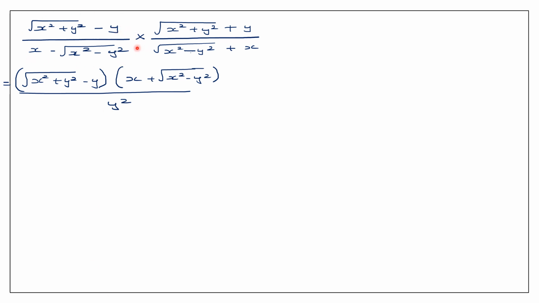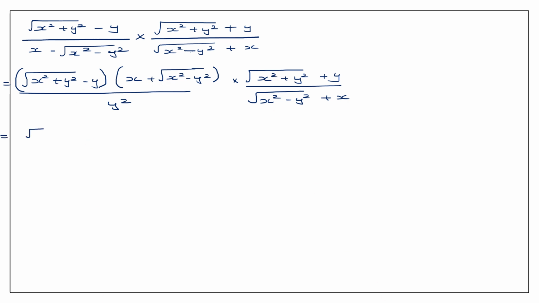Now we continue with multiplication and we multiply the second fraction. So multiplication, and the second fraction is the root of x square plus y square plus y by the root of x square minus y square plus x. Now we're going to multiply all the numerators here. So what do we get here?